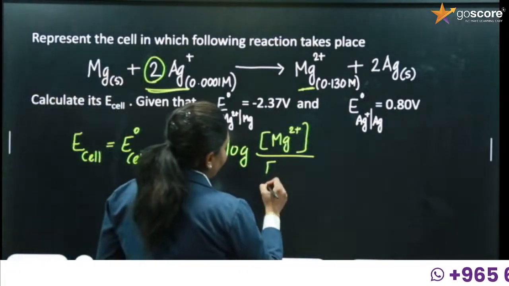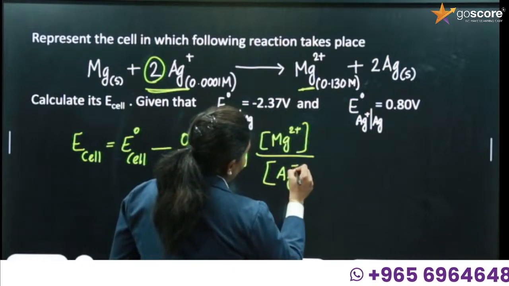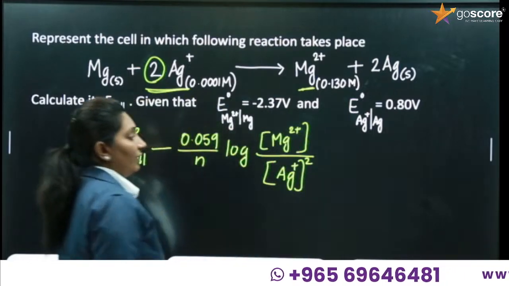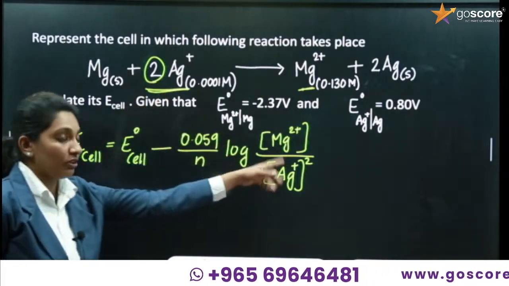So how will we take it? It will be Ag+ raised to power 2. So don't forget to take the stoichiometric coefficient there.